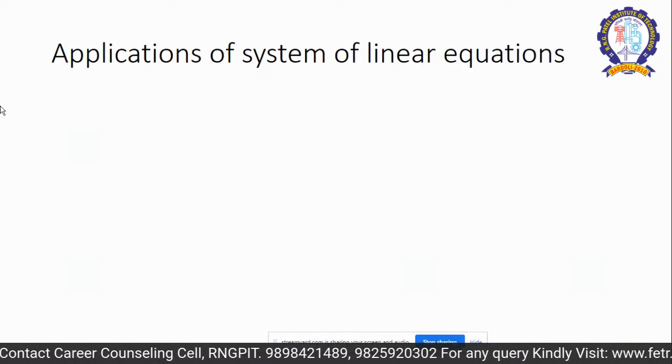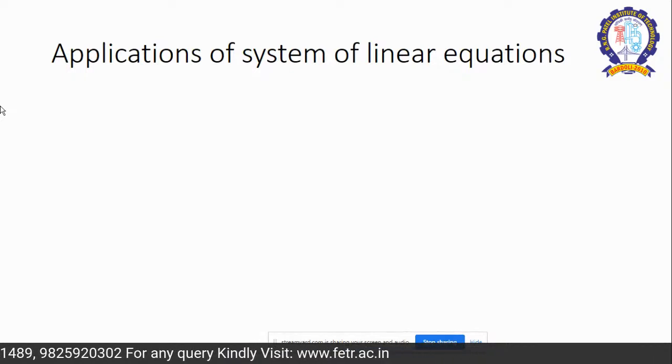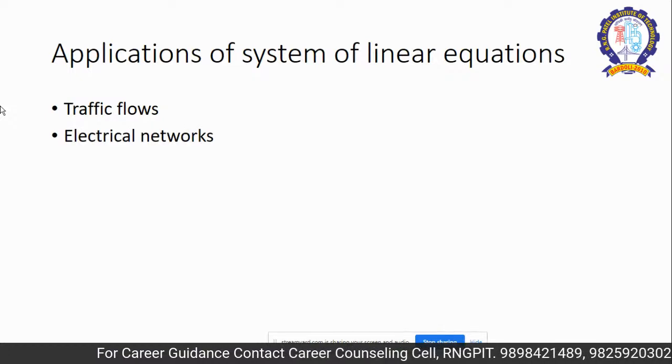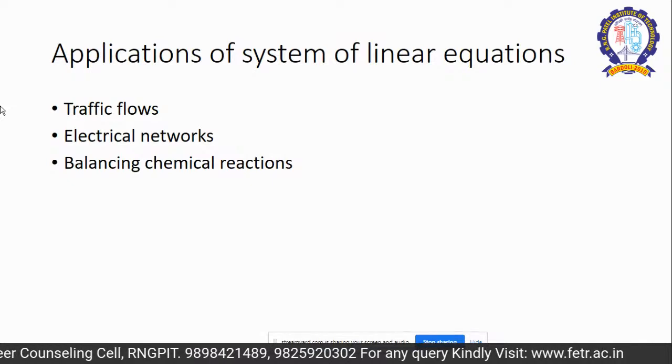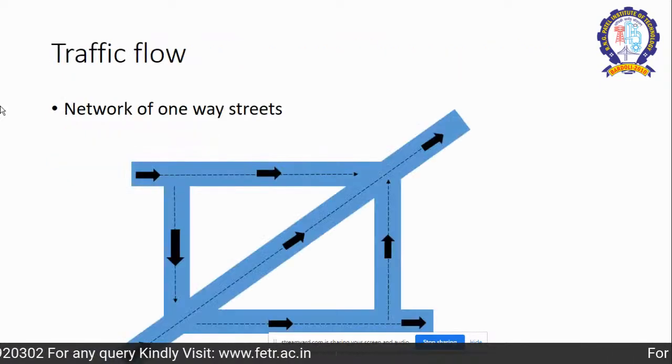Now we jump to the applications of systems of linear equations. Here we consider certain applications related to traffic flow, electrical networks, and balancing chemical reactions. We begin with the traffic flow application.